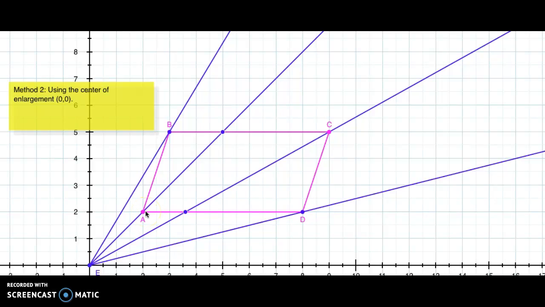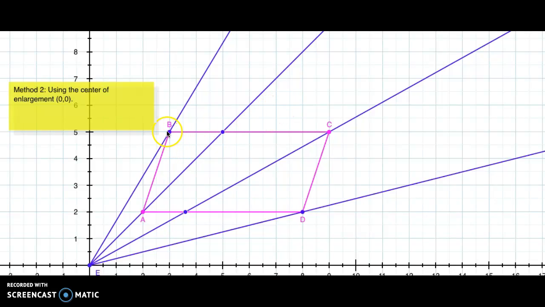So it's 2 walking down the hall and 2 going up, and I get to this point here. And I would do that 4 times for my scale factor of 4. So I would go 1, 2, and then go up 1, 2, then 1, 2, go up 1, 2, and I would do it again.